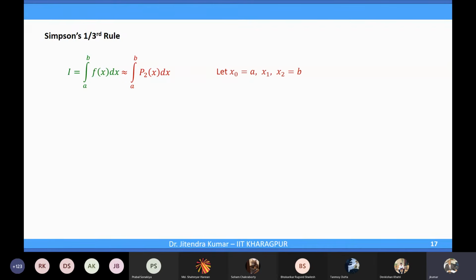Clear? Okay. So we will take x0, in the middle x1, and x2. We will take 3 points now, not 2 points: the boundary points a and b, and somewhere in the middle x1.